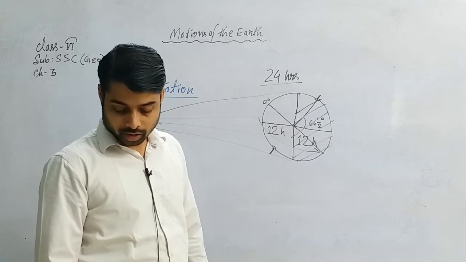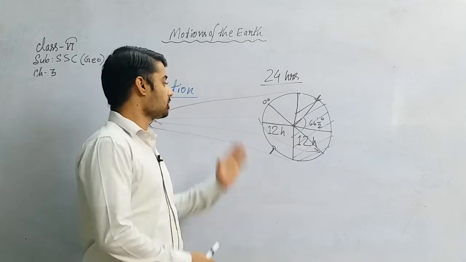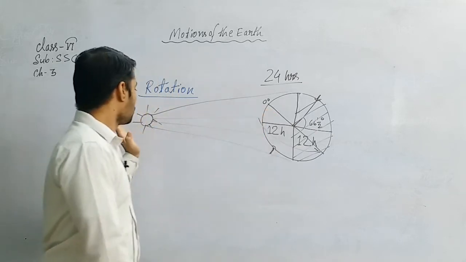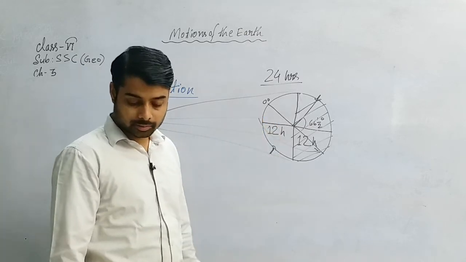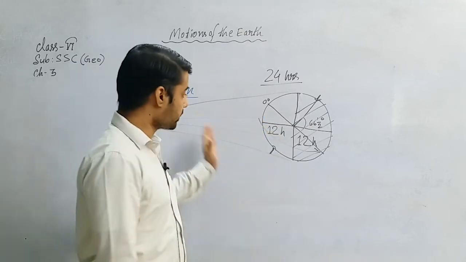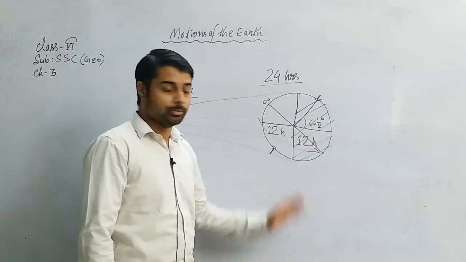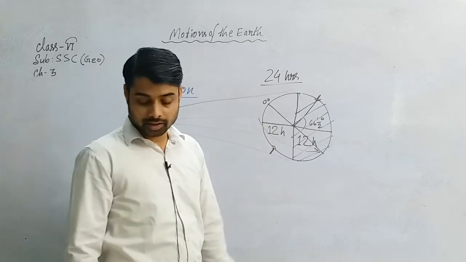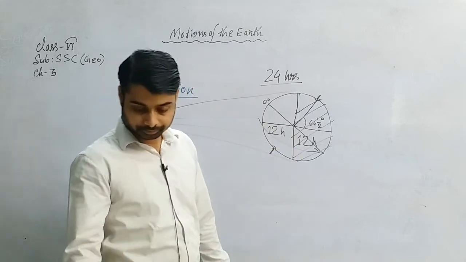The region in front of the sun would always get sunlight and become very hot, and the opposite side would become very dark and freezing cold because of the absence of sunlight and heat.